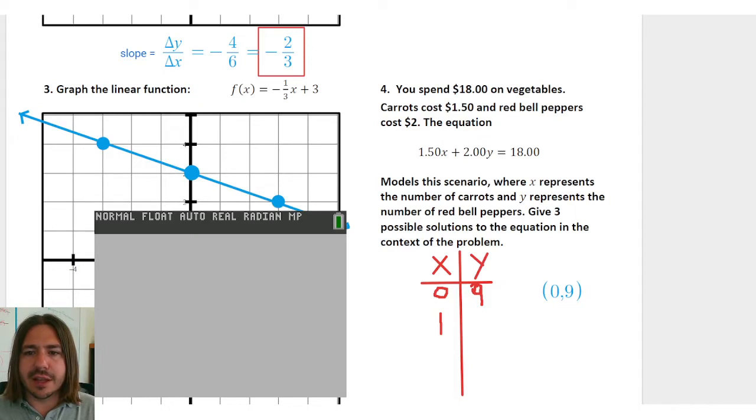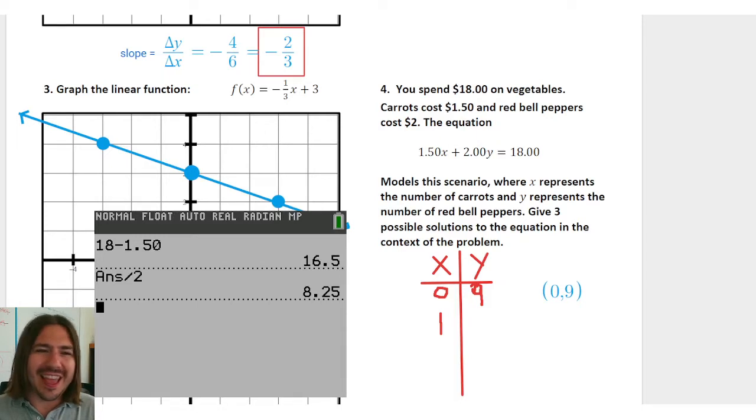Is, let's say we have 18 minus, let's say we just bought 1 carrot, so minus 1.50. I get $16.50. Now you might already see where this is going, but if I divide that by $2, that means I'd have to buy 8 1/4 bell peppers, which obviously that's not going to work, right?